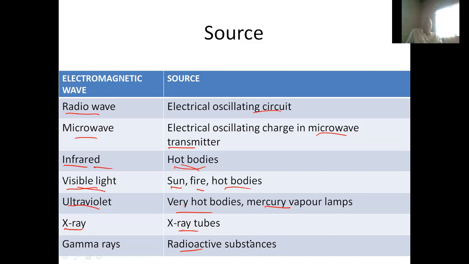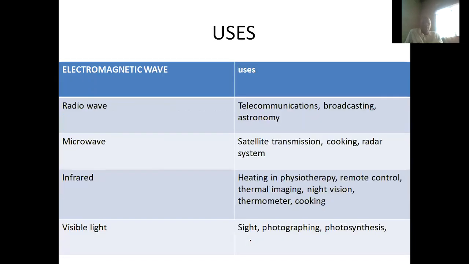And as I indicated, it's very important to know the position of each electromagnetic wave depending on the wavelength as well as the frequency. And so these electromagnetic waves have several uses. For example, radio waves, we use them for telecommunication, as well as broadcasting, as well as in astronomy. While microwave electromagnetic waves, we use them for satellite transmission, cooking, and the radar system.